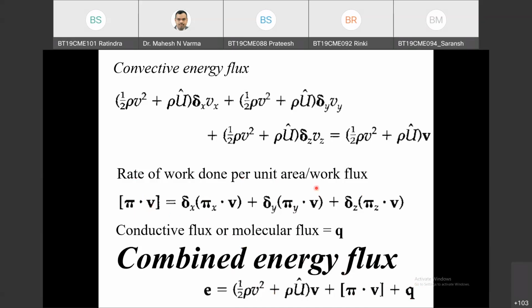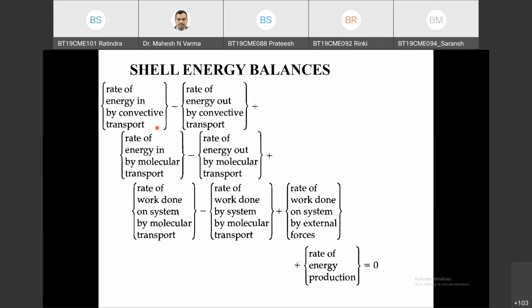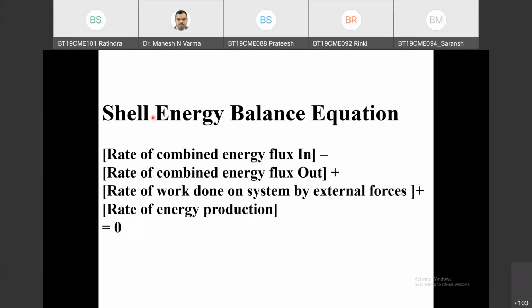So instead of the shell energy balance equation with convection, conduction, and work flux associated with molecular transport multiplied by area, which will be a rate, we will be handling the shell energy balance equation differently.